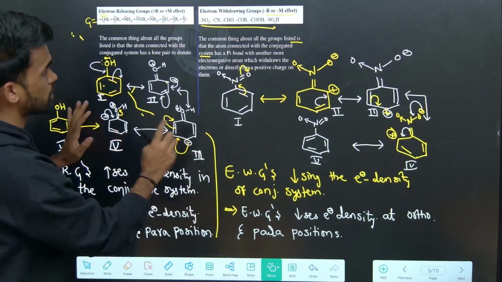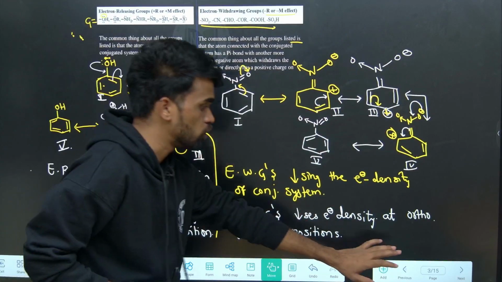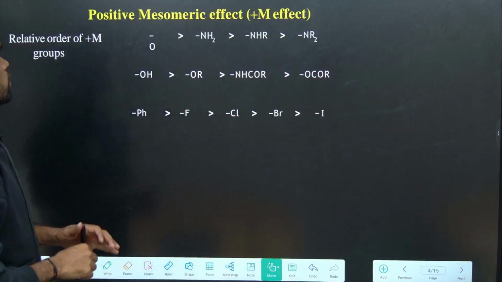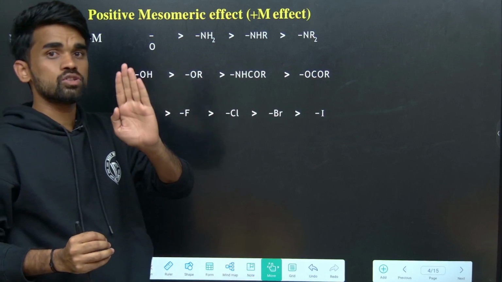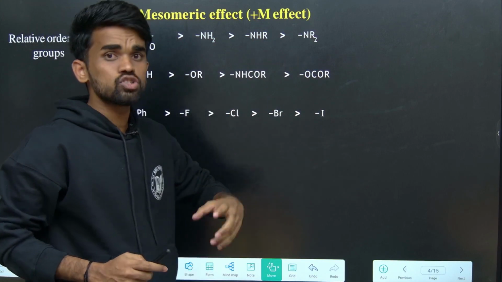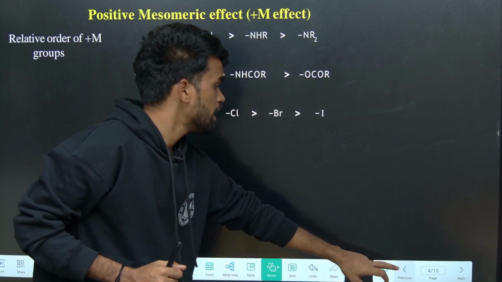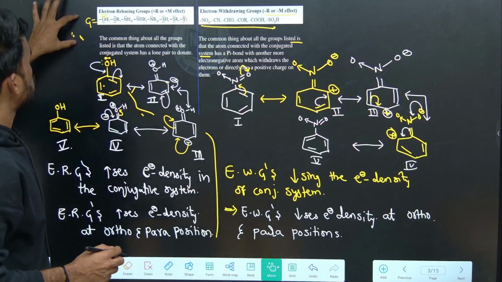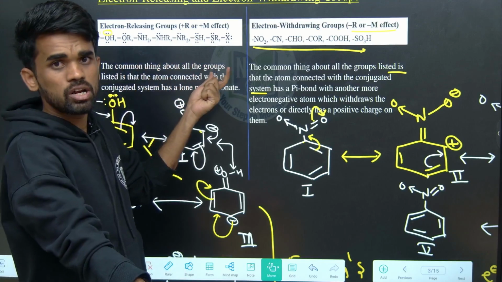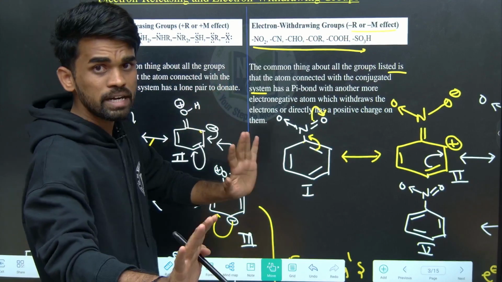Okay, so let us discuss a few more things about the mesomeric effect. Now I have told you there is a positive mesomeric effect, that is plus M effect, and minus M effect. When it comes to plus M effect, I told you this many electron releasing groups are there, and along with this we have some other electron releasing groups also. That's why I generalized here.